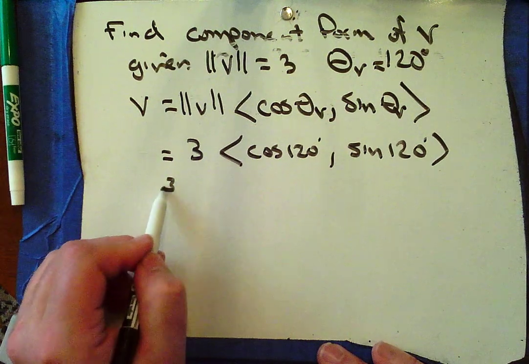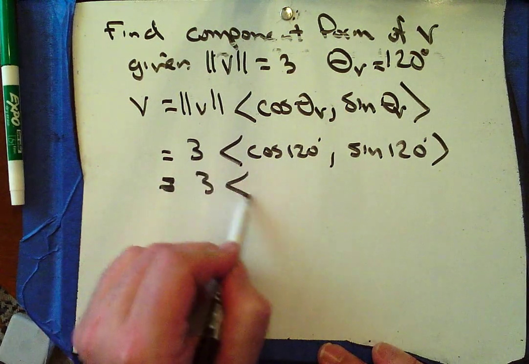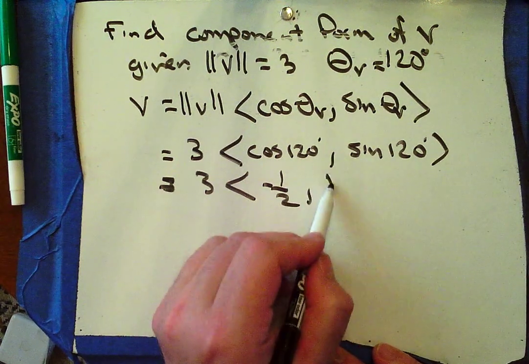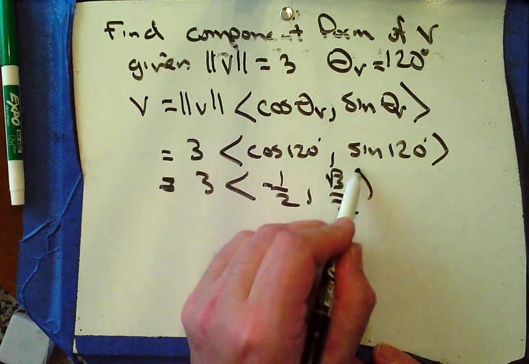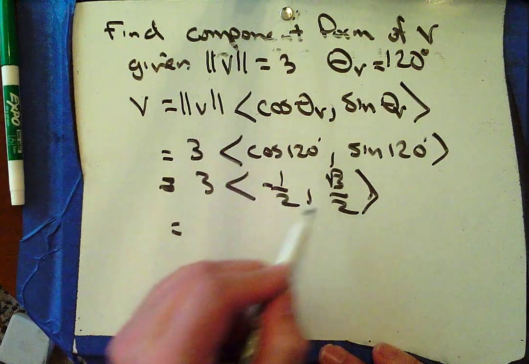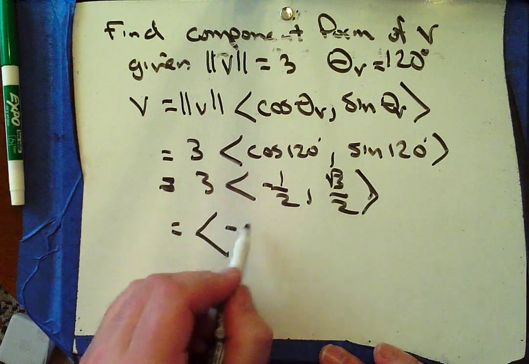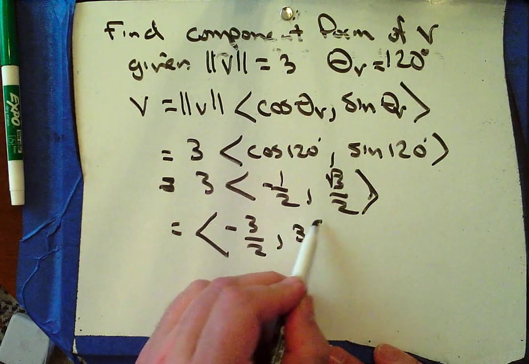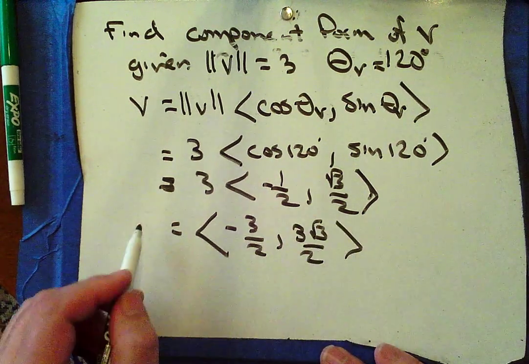And so that's going to be 3 times negative 1/2, root 3 over 2. Cosine is negative 1/2. Sine is root 3 over 2. And then distribute the 3. And so our component form is negative 3/2, comma, 3 root 3 over 2.